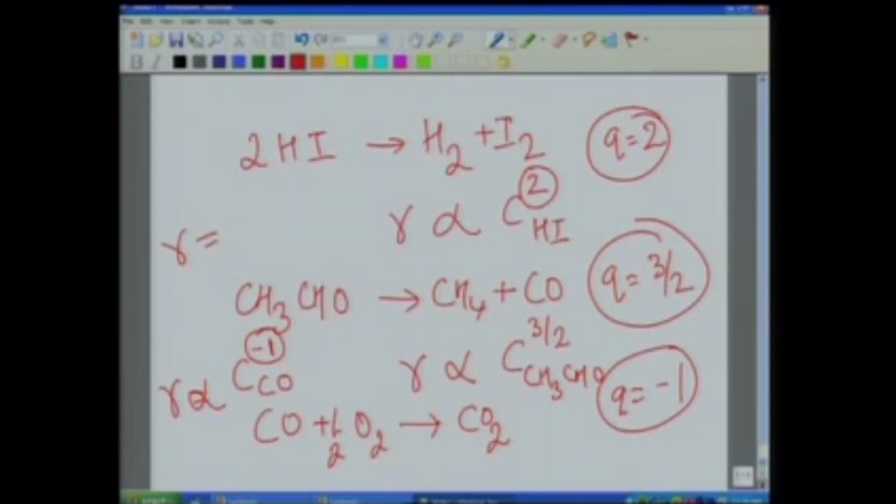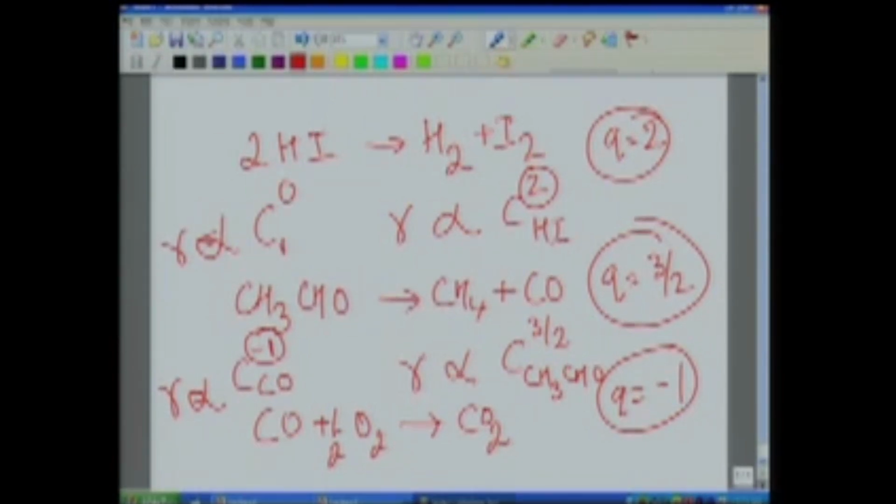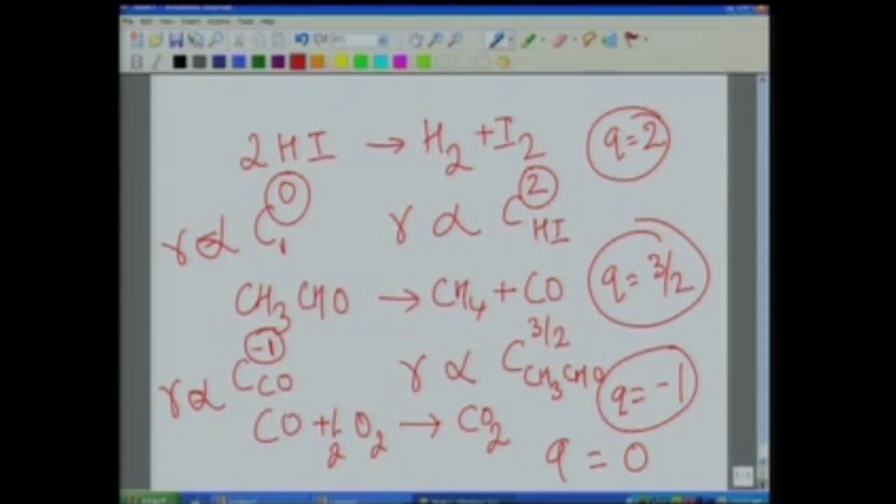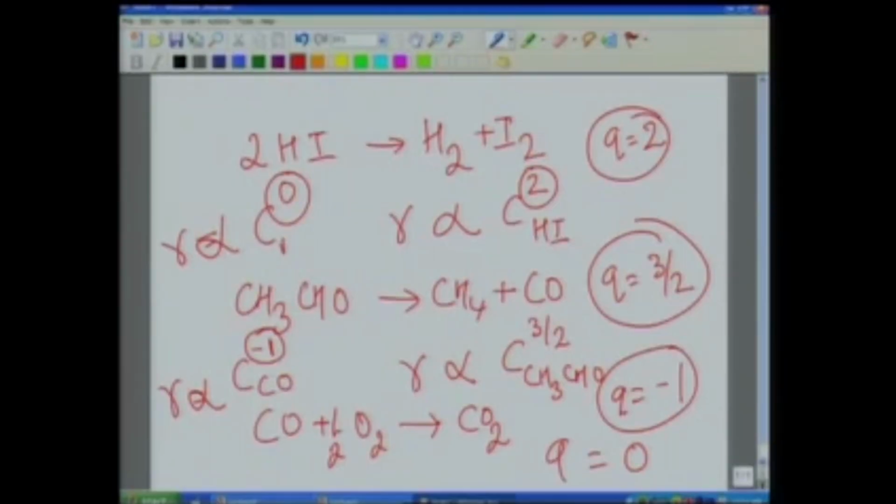That is, rate is proportional to concentration of a species raised to power 0. So, Q can be 0. What it means is that rate is actually independent of concentration. There are a few real cases, we will see examples of a few of them, where under certain conditions the rate is actually independent of concentration.